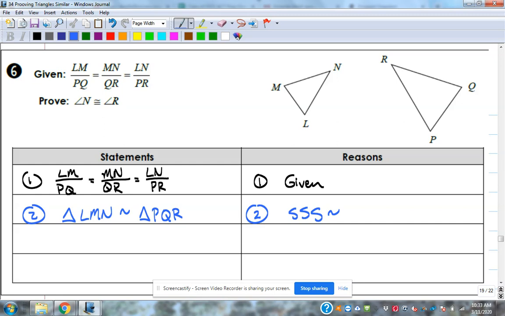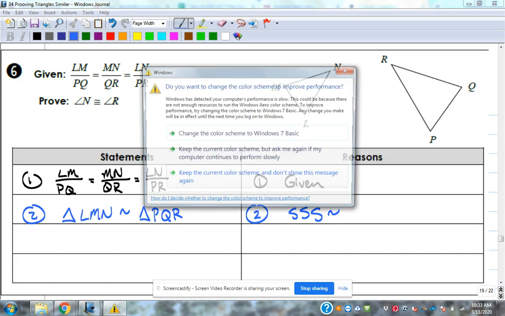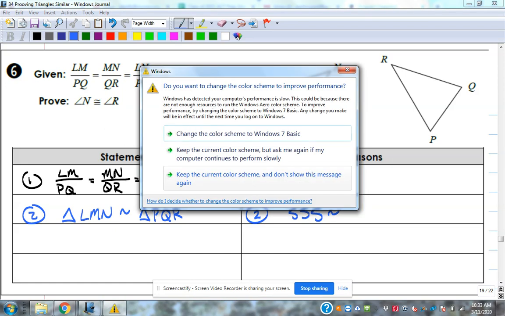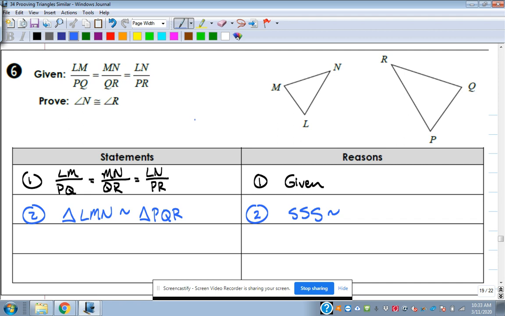What do we know about similar triangles, Hayden? Those are ratios of the sides. Even though they don't give us any measurement, this is telling us the measurement of LM is the same as PQ, or the ratio of that is the same as this ratio, is the same as that ratio. So they're proportional, or the same ratio.